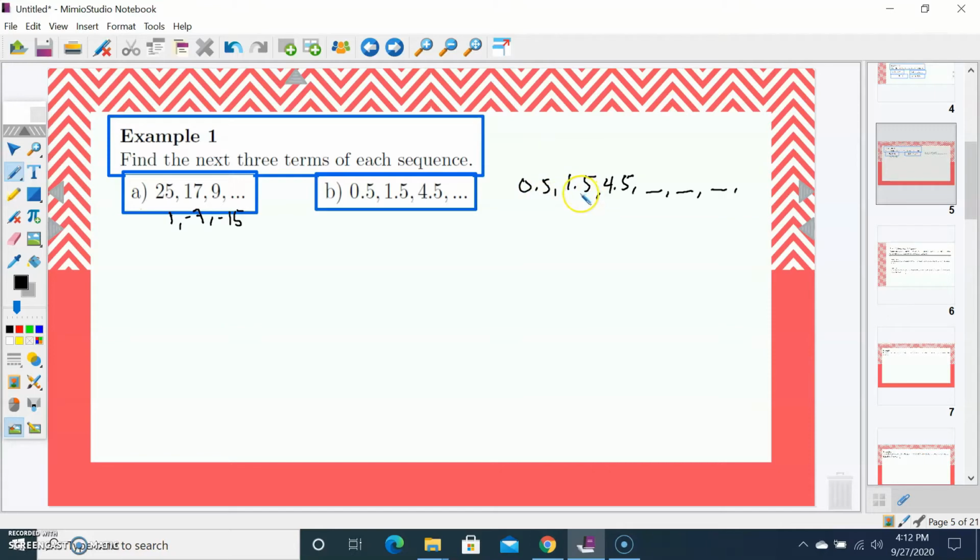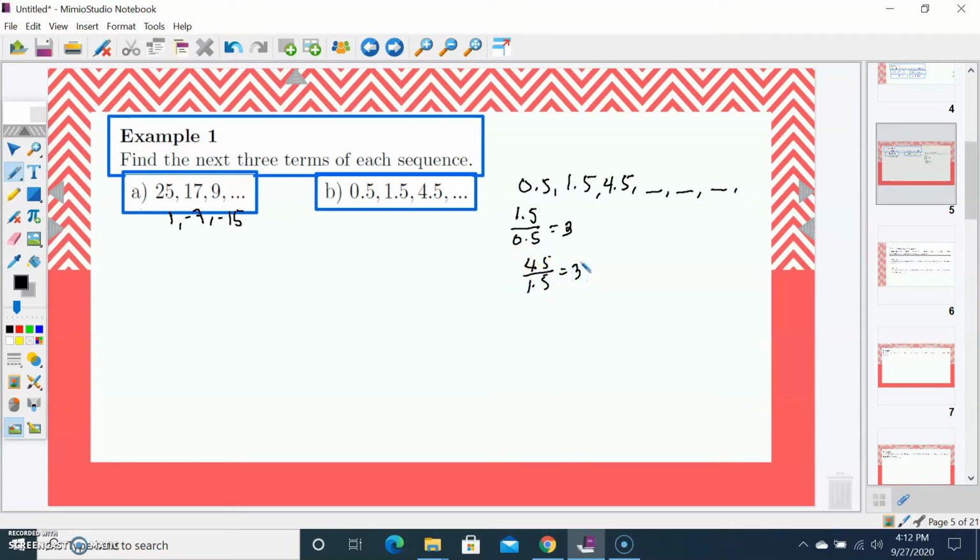Maybe if I divide 1.5 by 0.5. Okay, let's divide 1.5 by 0.5. It will give me a result of 3. How about if I divide 4.5 by 1.5?